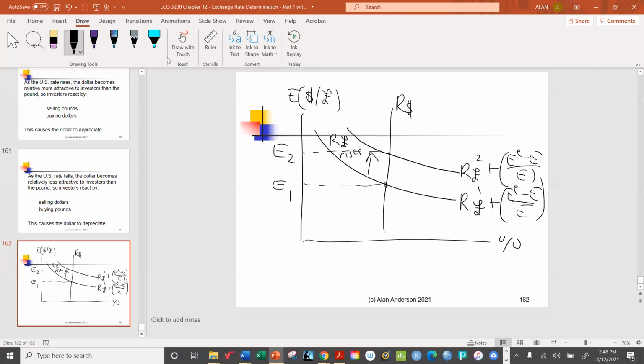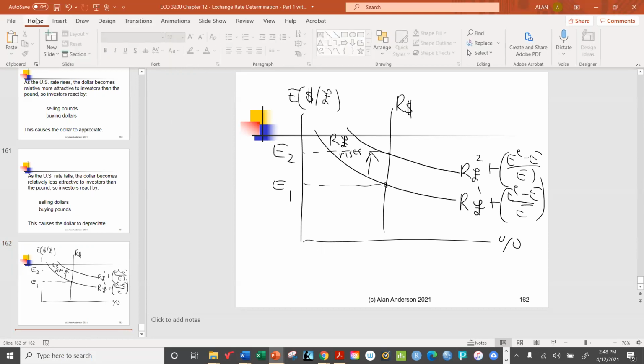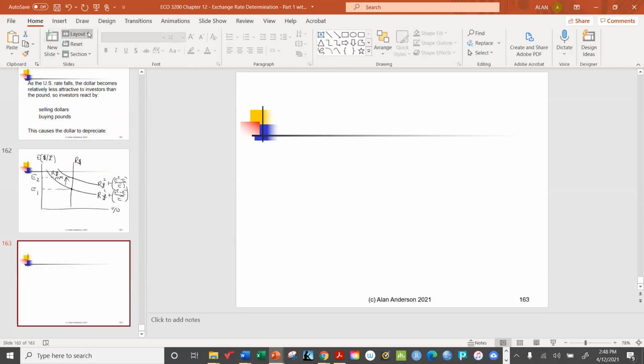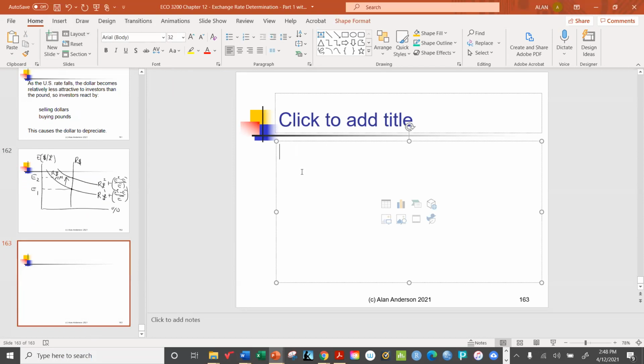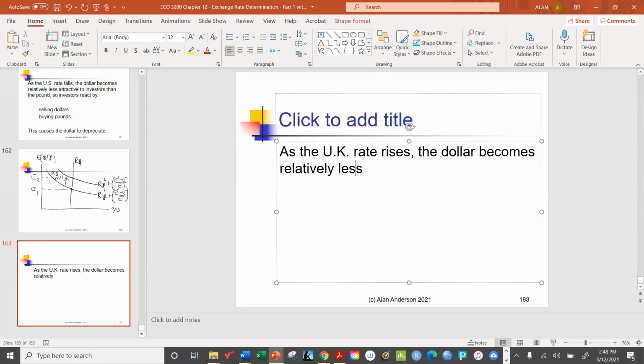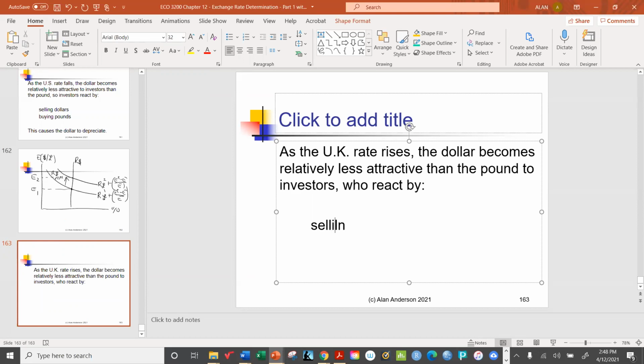So how do people react to that? Well, you know how they react. By holding more pounds and less dollars, okay? So as the UK rate rises, the dollar becomes relatively less attractive than the pound to investors who react by selling dollars.